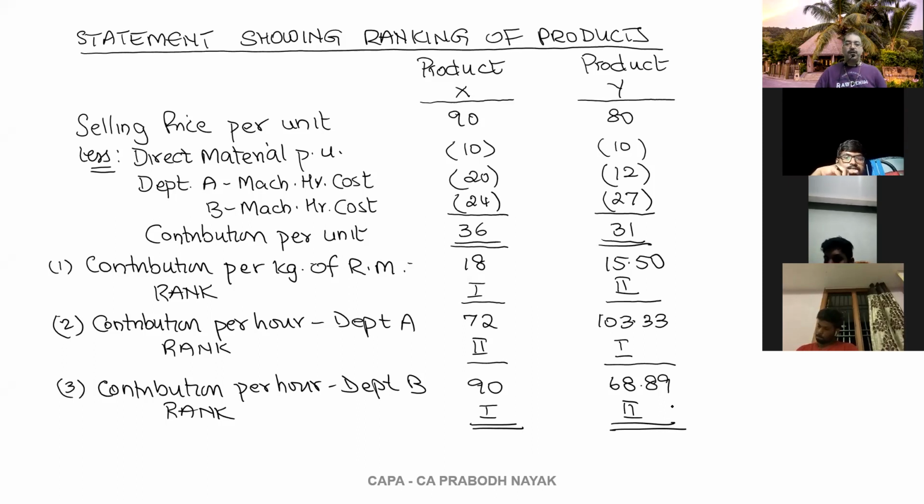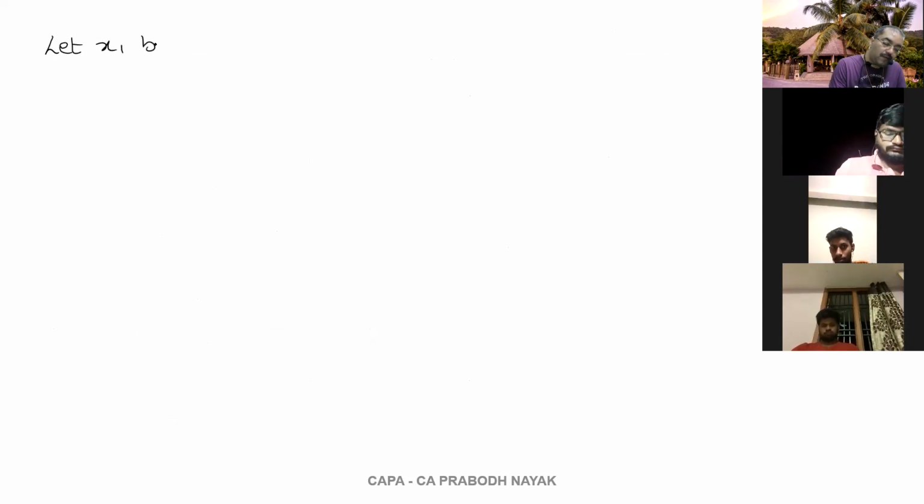Now for formulation of the LPP. Defining the variables: let X1 and X2 be the quantities of product X and product Y manufactured. Let X1 be the number of units of product X manufactured.